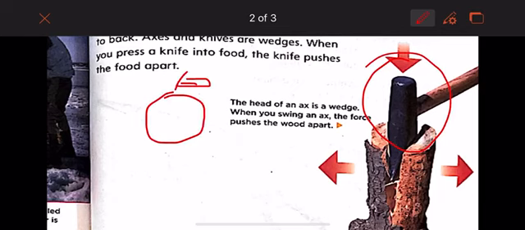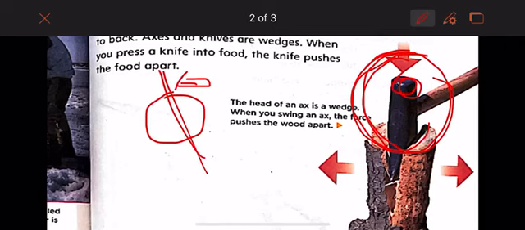For example, this is an apple, and I have a knife. It pushes the food apart, or splits the food apart, like this wedge. The head of an axe is a wedge.